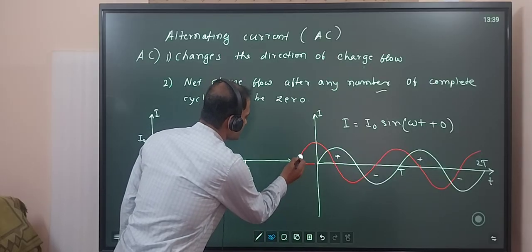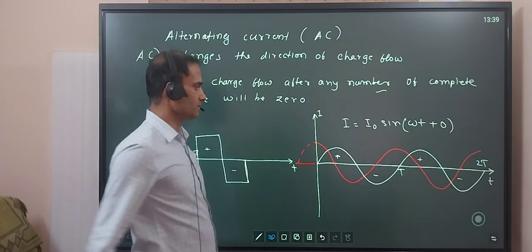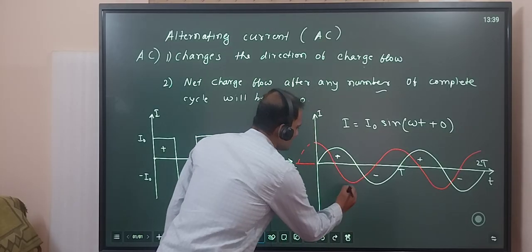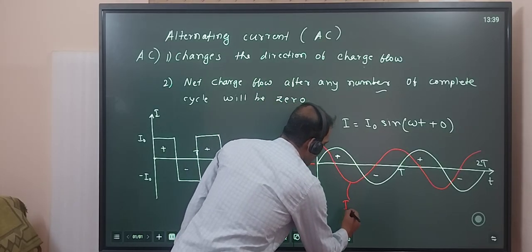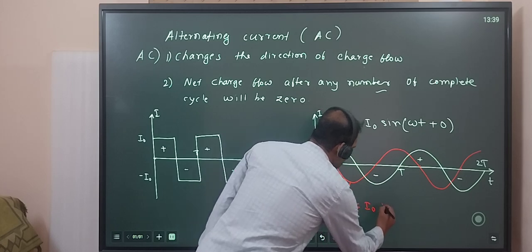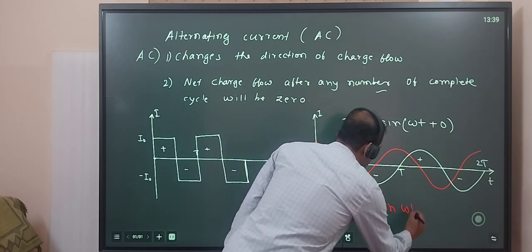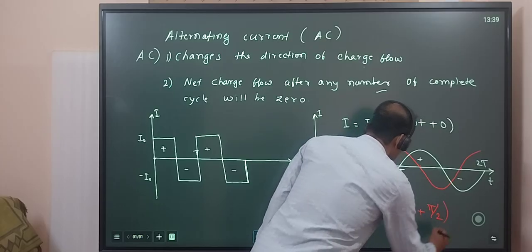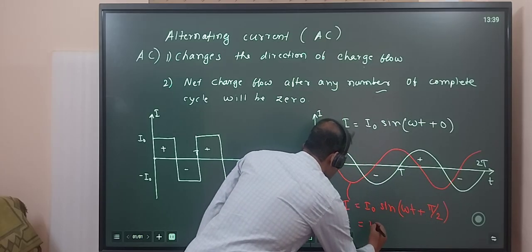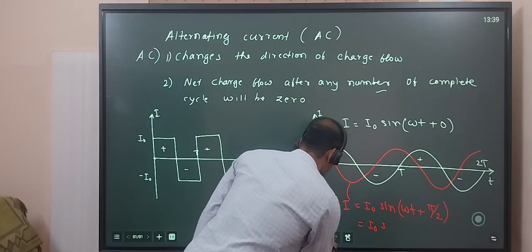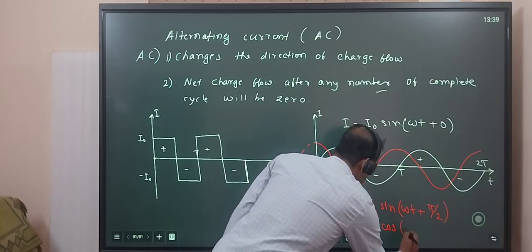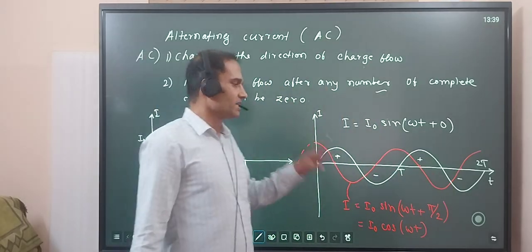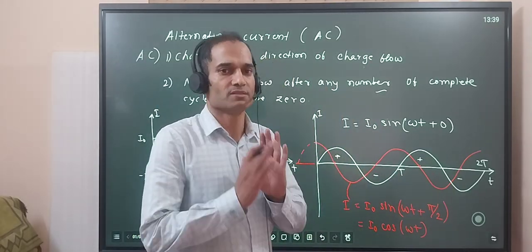I will erase this part. This graph looks like I is equal to I naught sine omega t plus pi by 2, or it is actually the cosine graph, right? So cos omega t. You can see that both sine and cosine curves are similar.